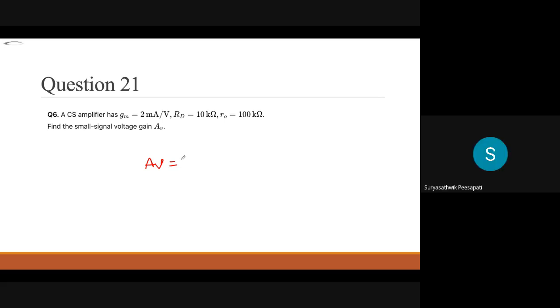Ma'am, minus GM into RD parallel to R naught. Yes, good. Now tell me the value of this AV. AV equal to minus GM into RD parallel to R0. So GM value is given as 2 milliamps, 2 into 10 to the power minus 3.